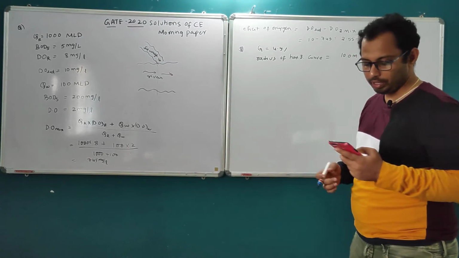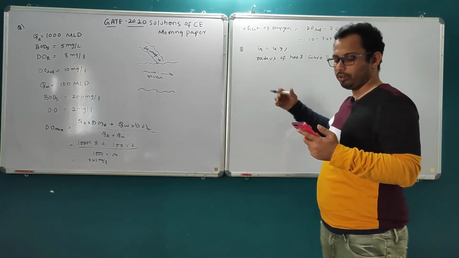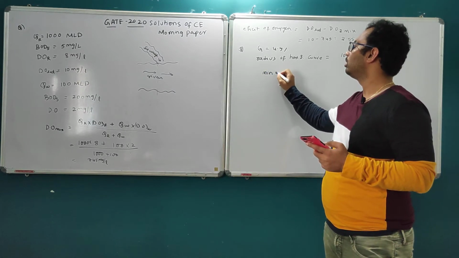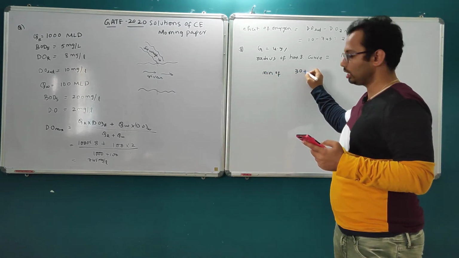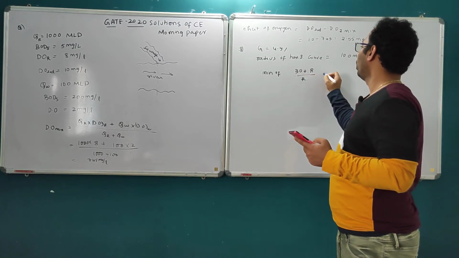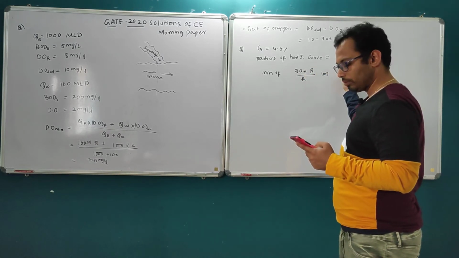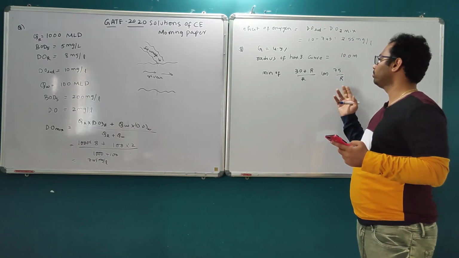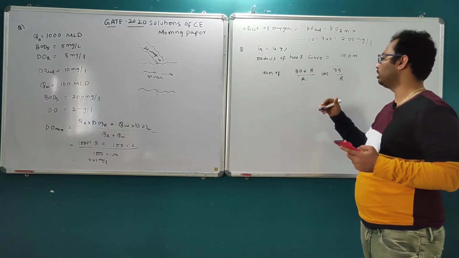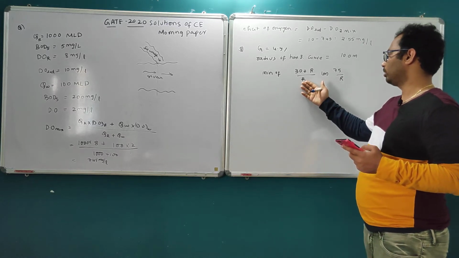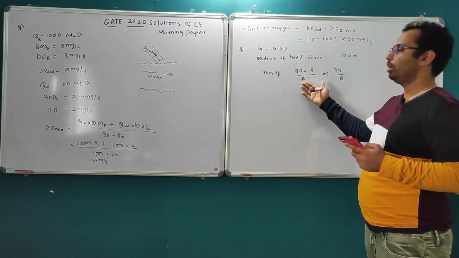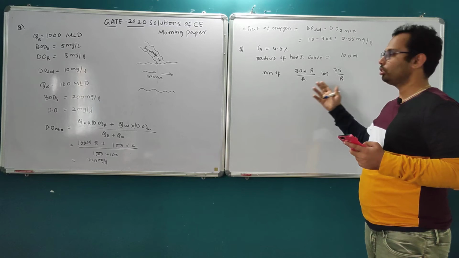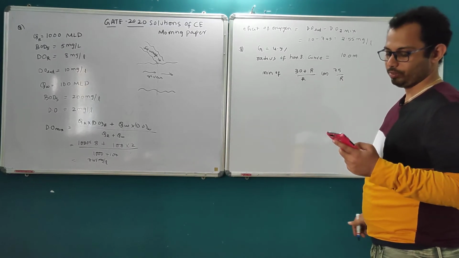The compensation will be the minimum of (30 plus R) by R or 75 by R, whichever is minimum, that we will provide. If you got this value lesser, you will give this only. If you get more value than this, then you will provide the other. So whichever is the minimum, we will provide that.